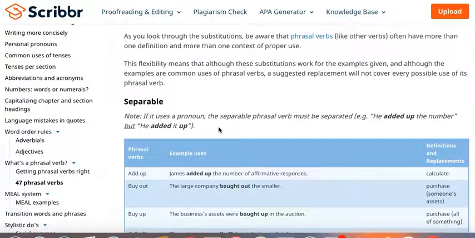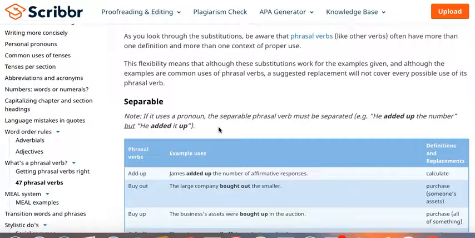He added it up. It is the pronoun. It has replaced the number. He added it up. This is a common grammar mistake that students make. So think about this example. Remember, if there's a pronoun, you have to separate and put the pronoun in the middle. Yeah?